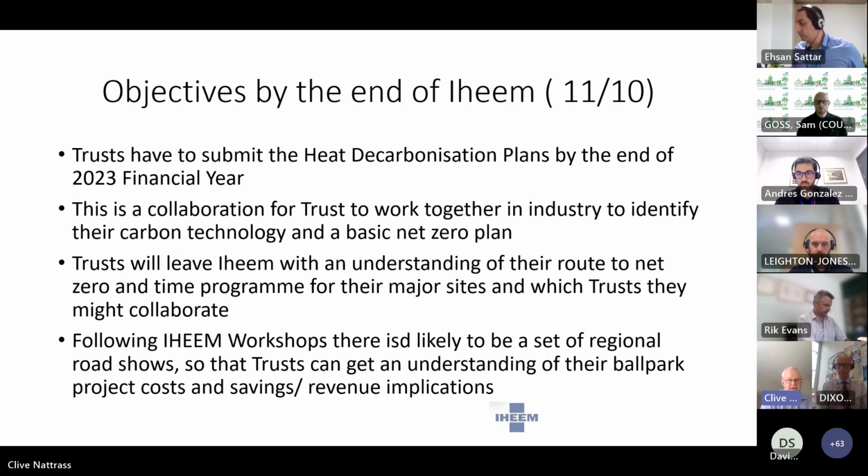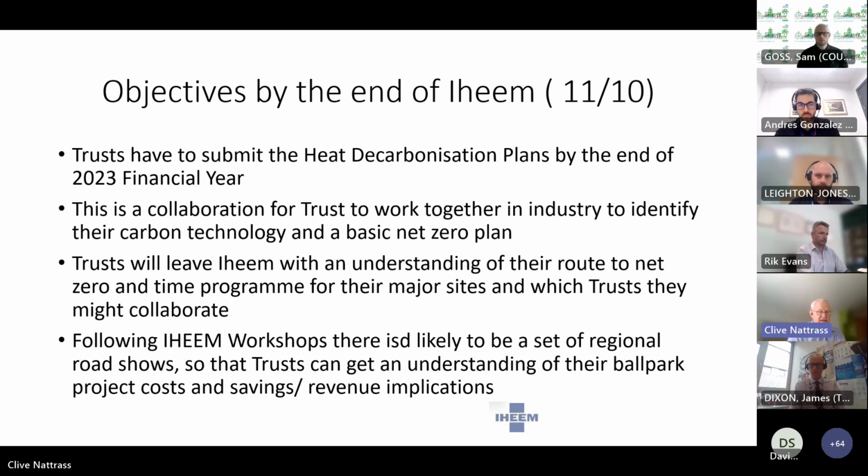So we're hoping that by the end of IHEM, you'll know what's working for you and what the size of your challenge is. And by the end of the roadshow, you should actually have some ballpark costs for your scheme. So we're trying to work up bulk costing arrangements so that trusts can contrast the likely costs of these installations.